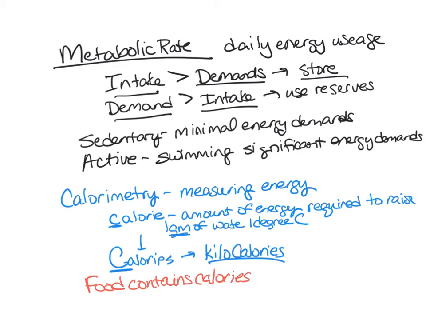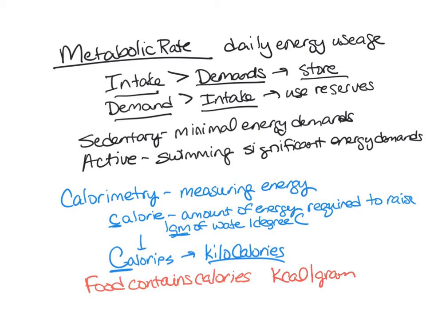We can determine how many calories a particular food has by putting it in a chamber called a calorimeter that's filled with oxygen and water, and then that food is burned. And then the number of calories released is recorded. That energy potential of the food is then expressed in kilocalories per gram.